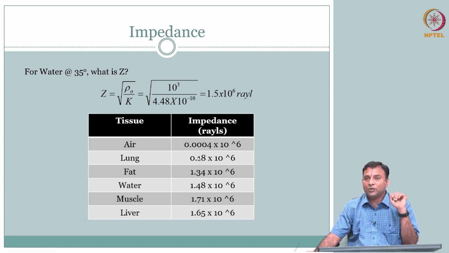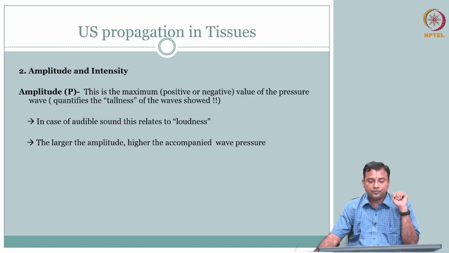Ultrasound is not that popular. That is because of this huge impedance difference between lung, air and the other materials in the body. We will leave it here and come to it in the subsequent slides.